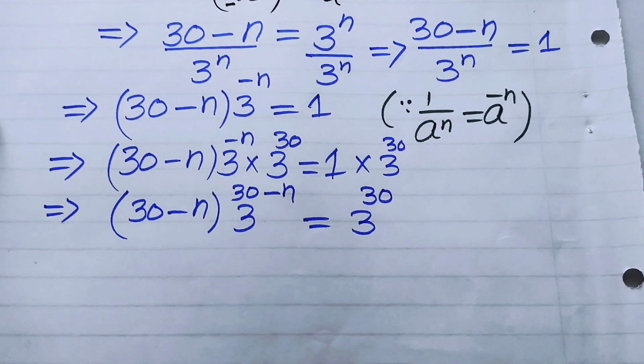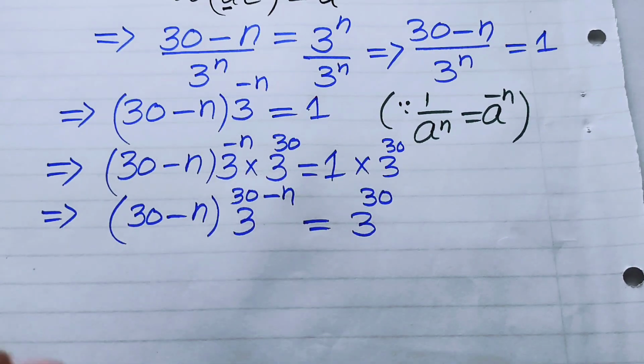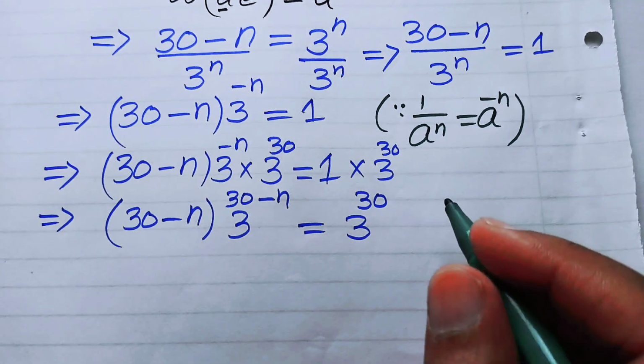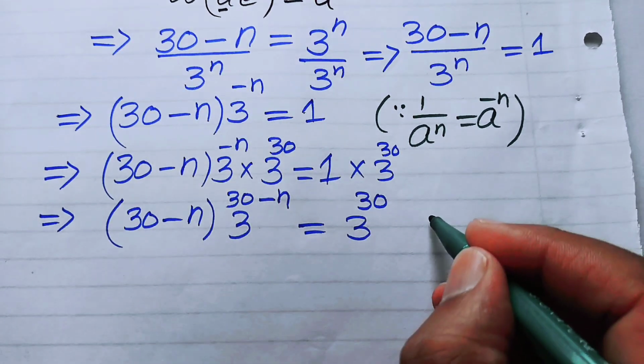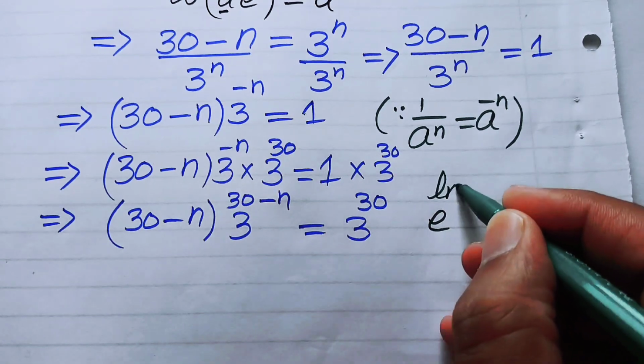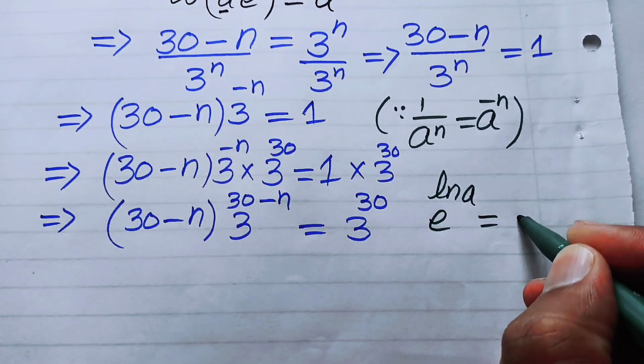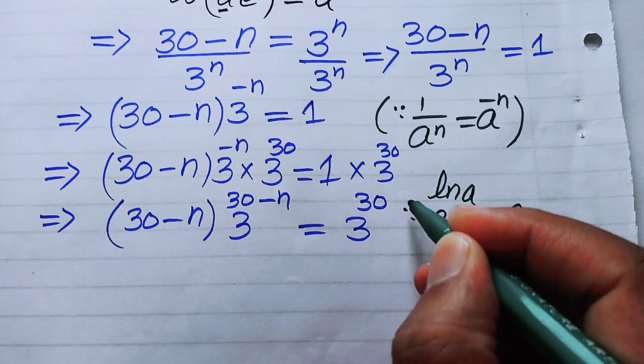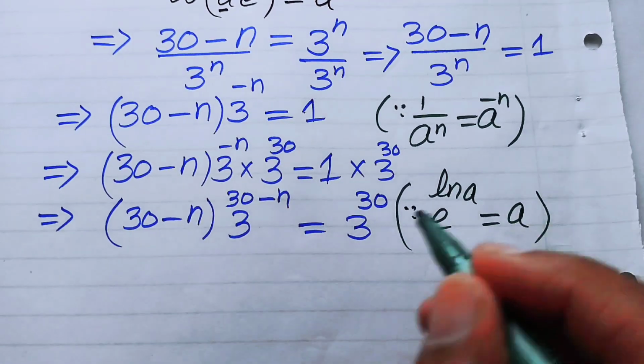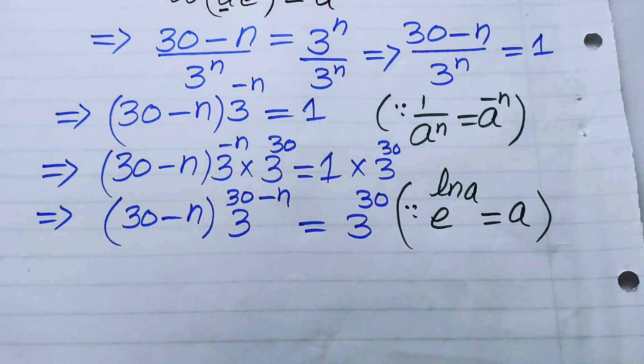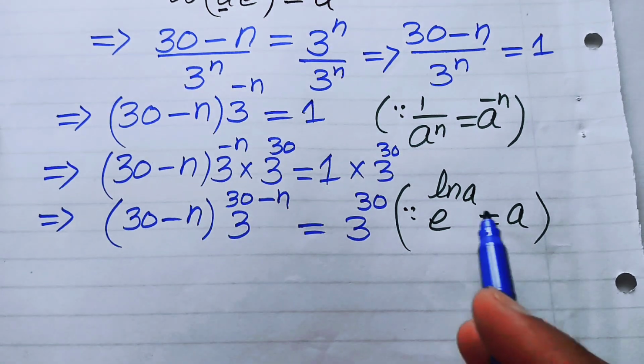After this step I can use an important property of logarithm: e to the power of log of a is equal to a, because the e and the natural log cancel each other, and you simply get a.